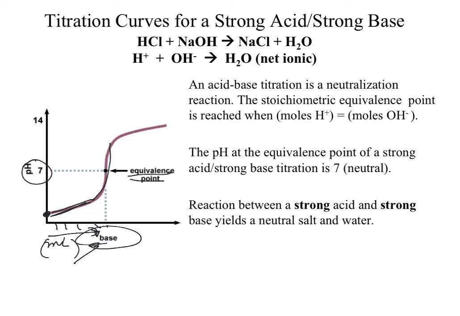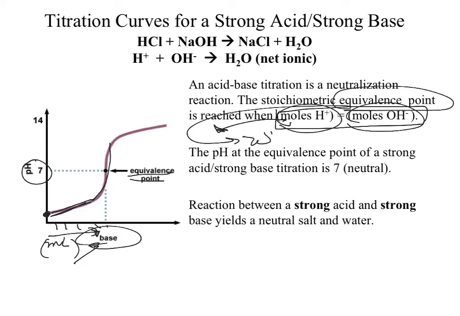Mathematically, the equivalence point is when the moles of acid equal the moles of base that have been titrated. Students get this confused with the halfway point. So what I want you to keep aware of or jot down is that the equivalence point is when all of the acid has been neutralized.